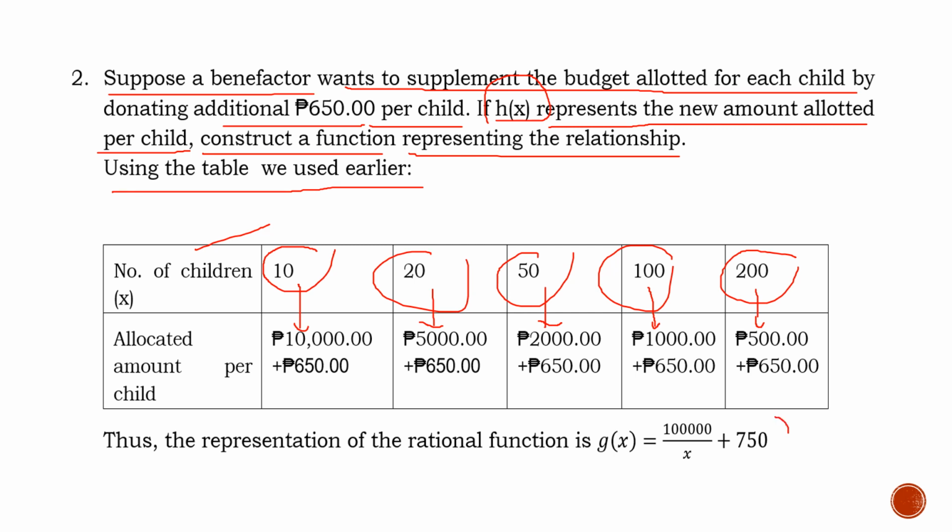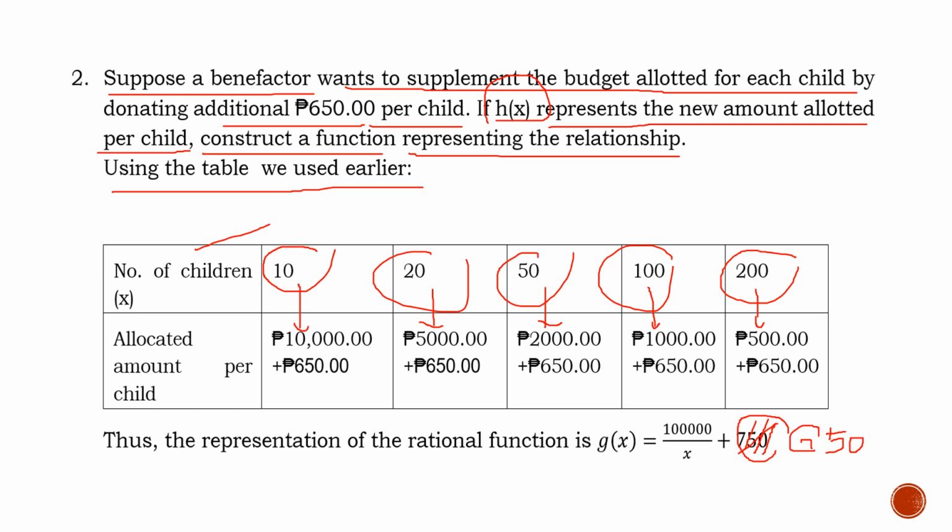There is a typographical error here. It should be 650 pesos, not 750. Based on the problem, there is an additional 650 pesos per child.